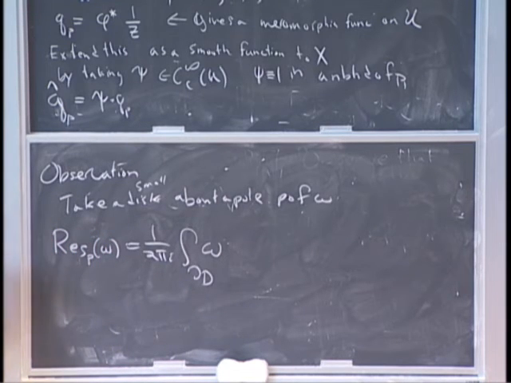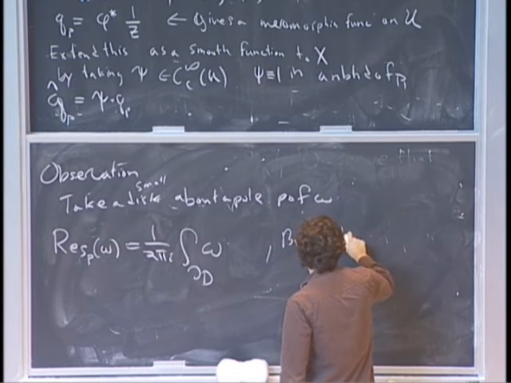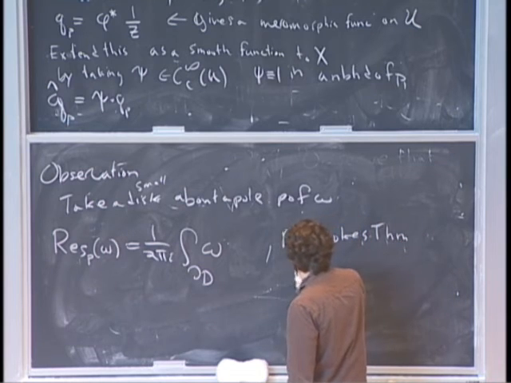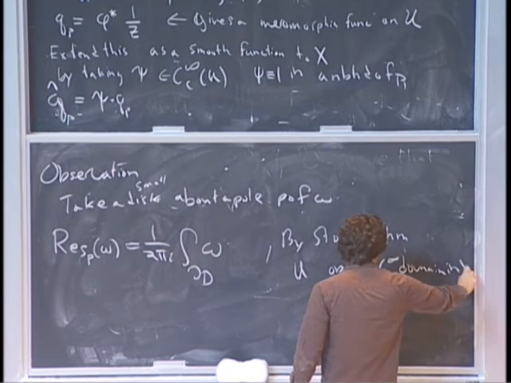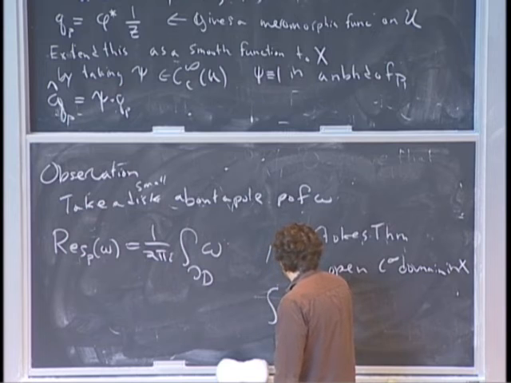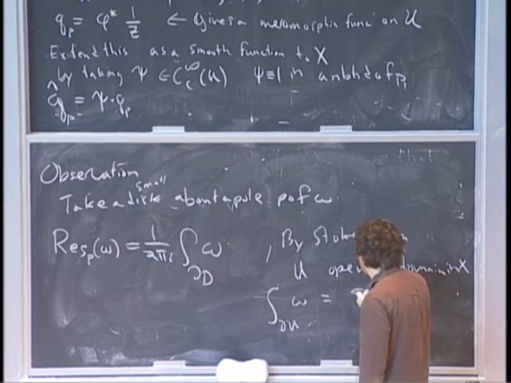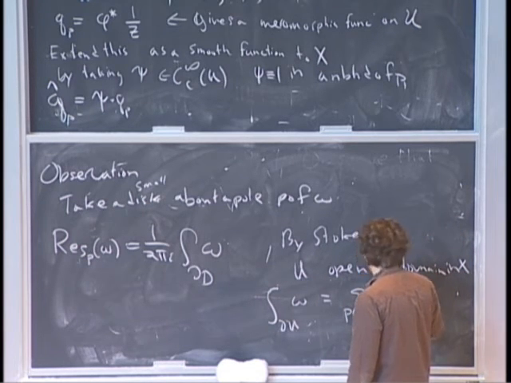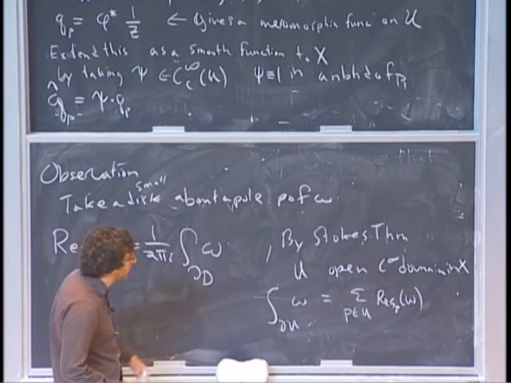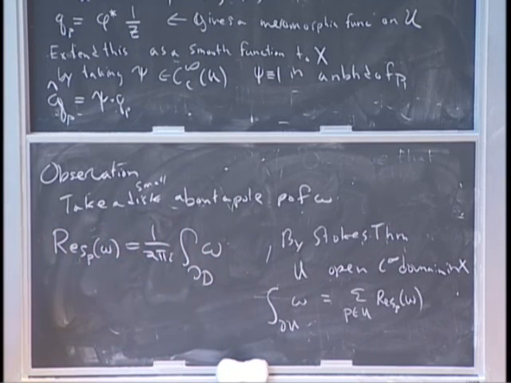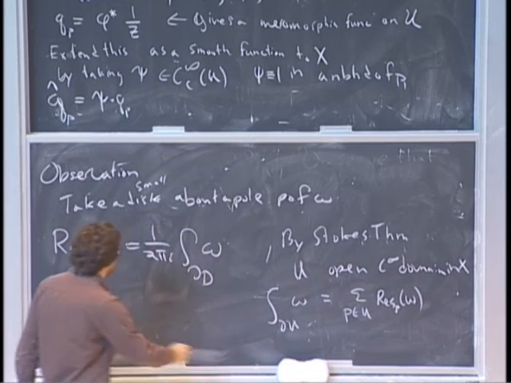Since this is holomorphic and hence closed, by Stokes' theorem, if we have any open C infinite domain U in X, and assume there are no poles on the boundary, then the integral over the boundary of U of omega is equal to the sum over P in U of the residues of omega at P. This implies, in particular, that on a closed surface, the sum of the residues of all the poles of a meromorphic function is 0. But that's a kind of global fact.